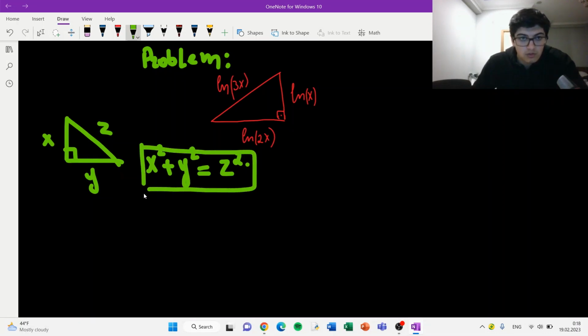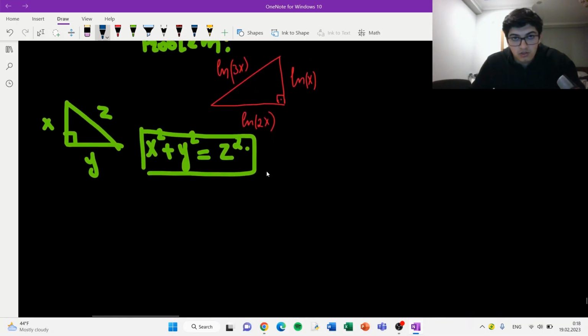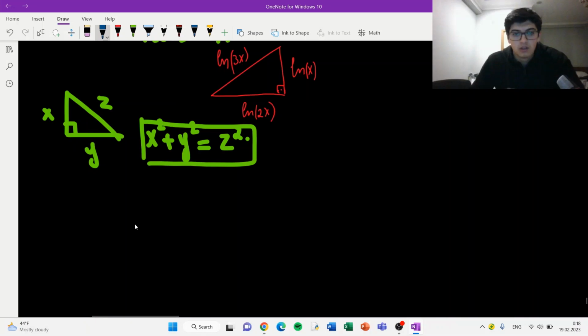And we will use this property of the right triangle and just turn our problem into an algebraic question, just an equality. Let's start to write.